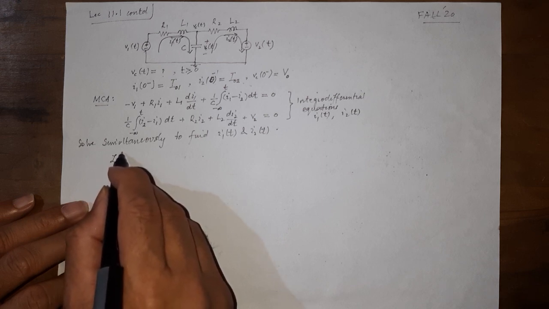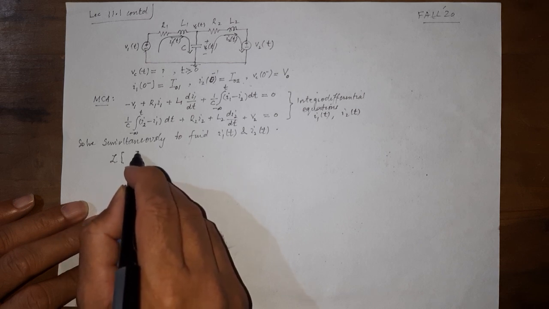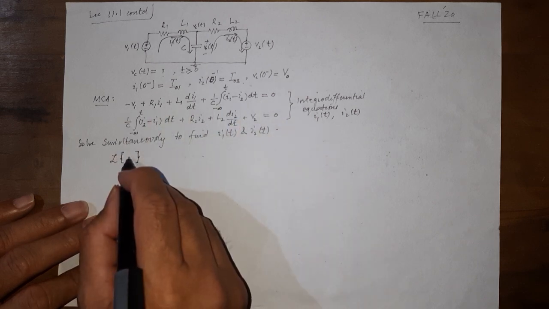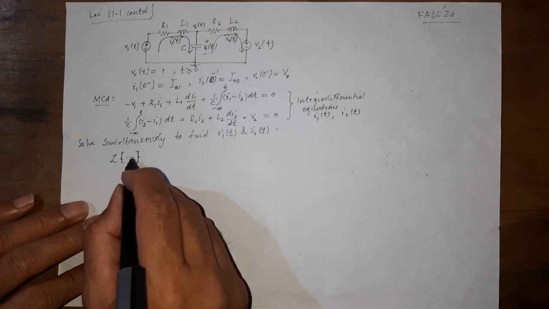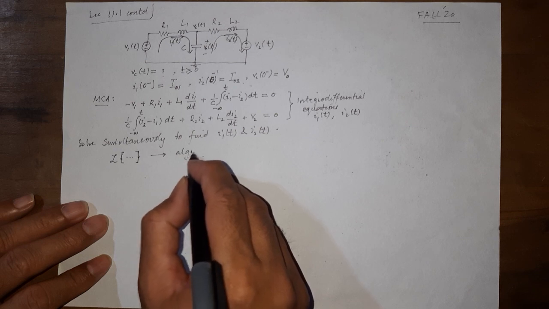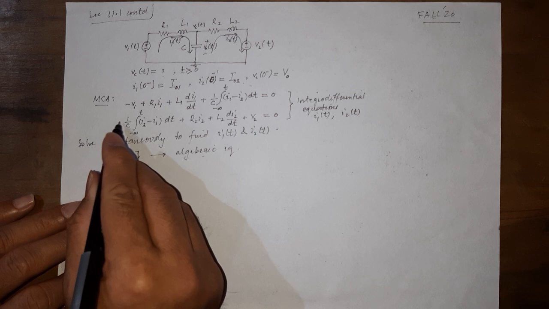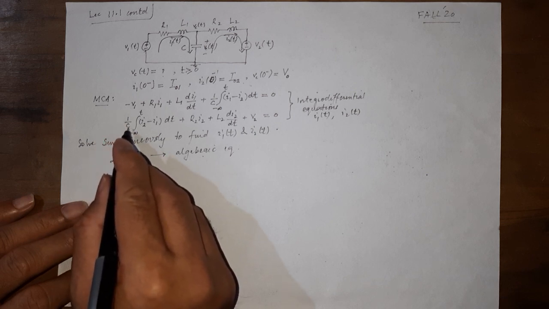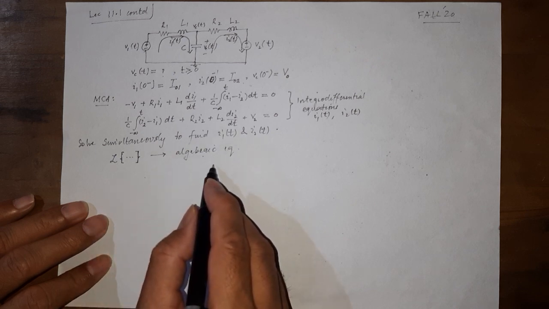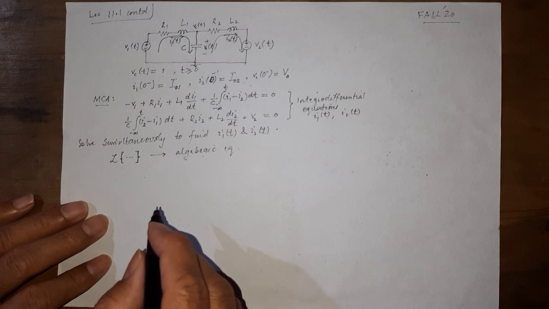If we operate and apply this to this whole equation, it is converted to an algebraic equation. And similarly, when we apply such an operation on this second equation, it converts to an algebraic equation as well. Then we are going to get two equations that are algebraic equations.